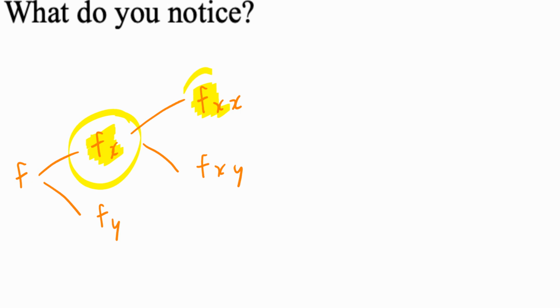Then you took that expression and took the derivative with respect to x, which gives you fxx. So the first x is this first x. The second x means you took fx and took the derivative with respect to x. And again, I will go through the actual example in a moment.